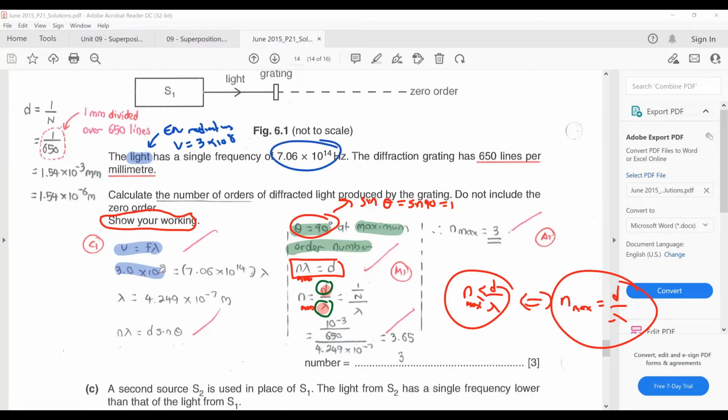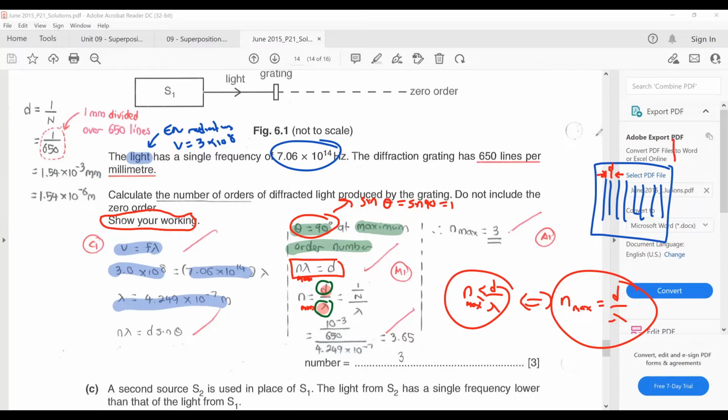So just sub in the values for the speed and the frequency, and you get the wavelength. So you tackle one part already. Now another part will be finding the d. The d is the distance between slits. So if this one is your diffraction grating, d here refers to the distance between your slits.